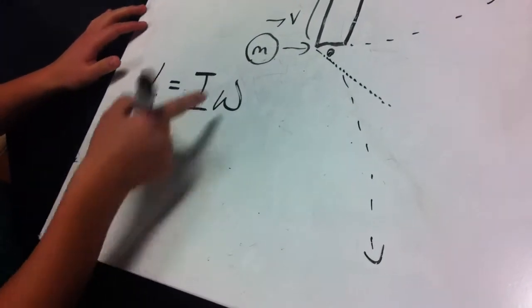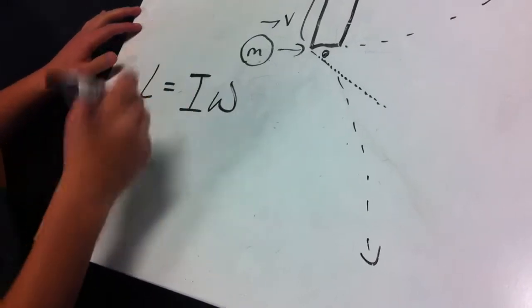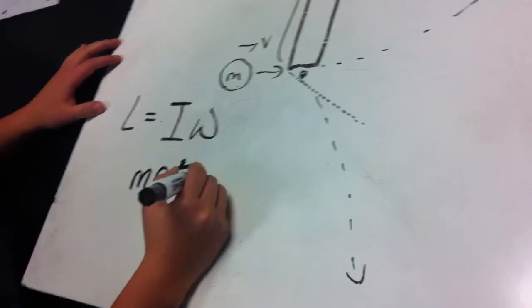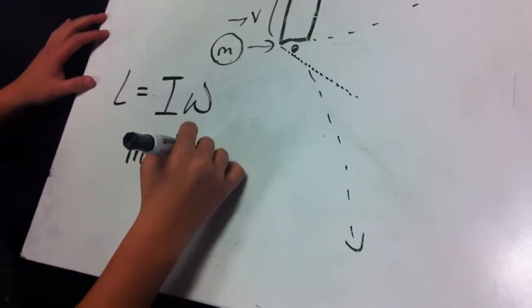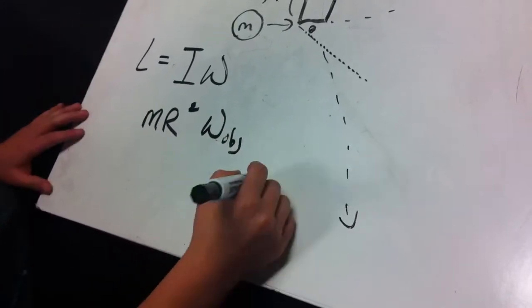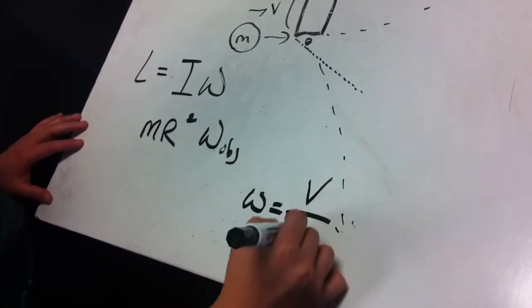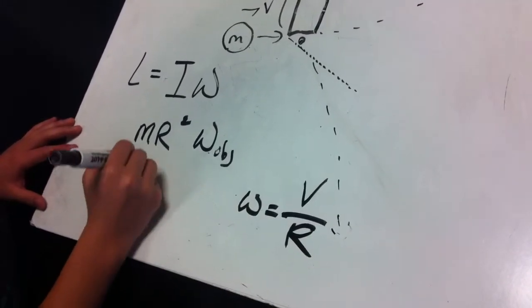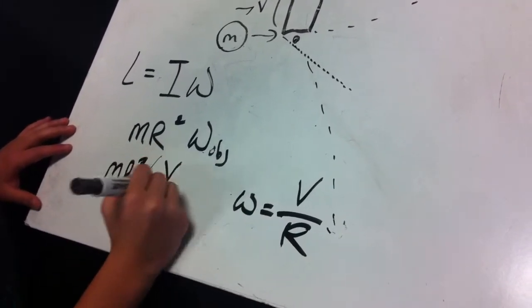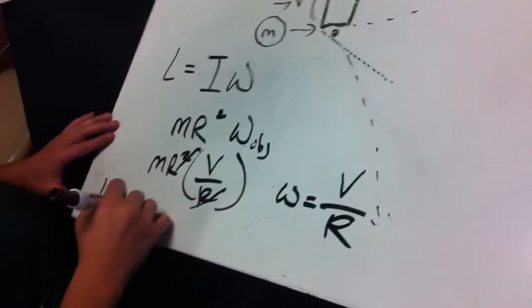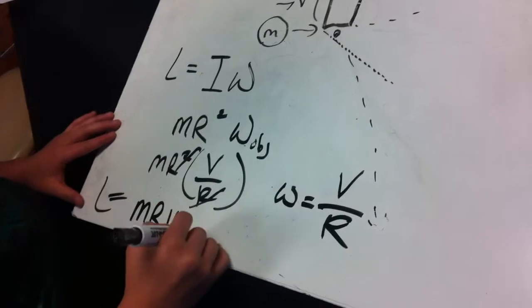And the moment of inertia of this particle is mr squared times omega of the object. Now omega also equals v over r, so we can plug that in. So we get mr squared times v over r. Our r's cancel out, and our angular momentum is mrv.